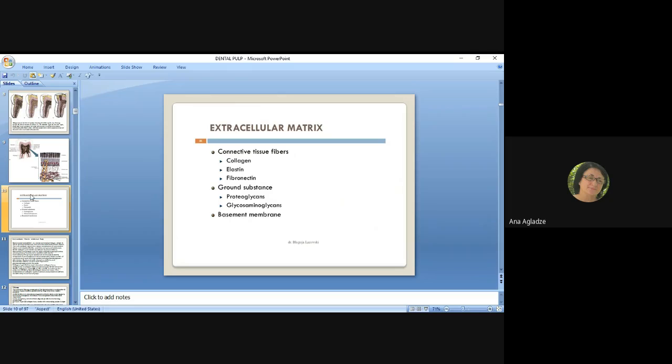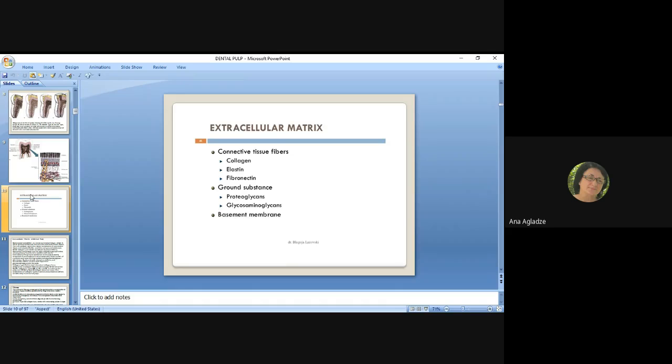This particularly affects type 3 collagen because its fibrils are thinner than those of type 1 collagen. Type 3 collagen fibers are known as reticular fibers.